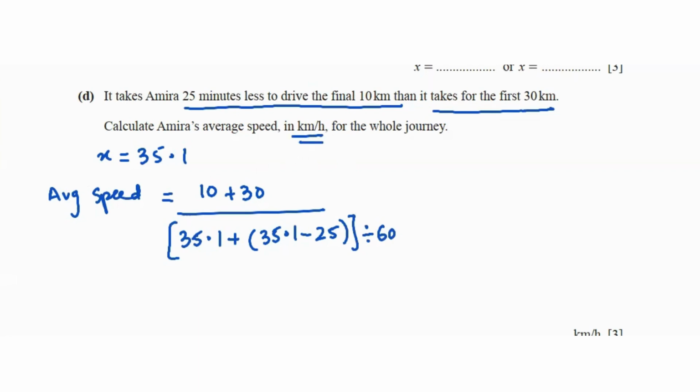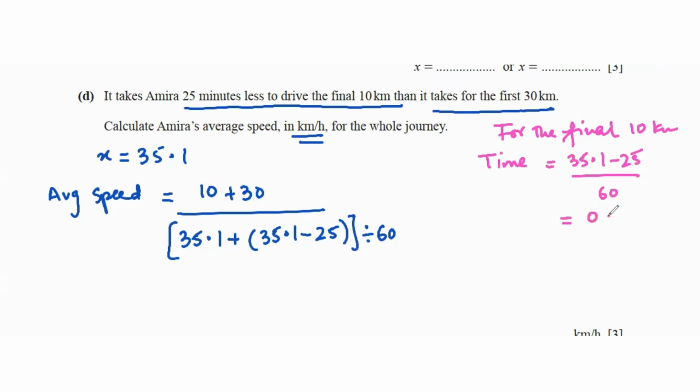To make it simpler, I'm going to do it separately over here so that you understand. For the final 10 kilometers, your time is going to be 35.1 minus 25 over 60. That will give us 0.1683 hours.